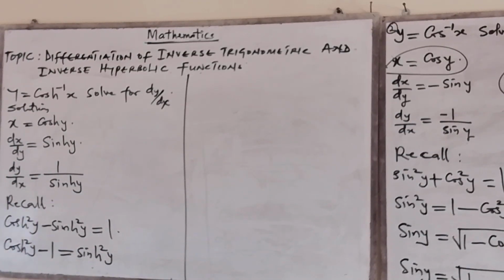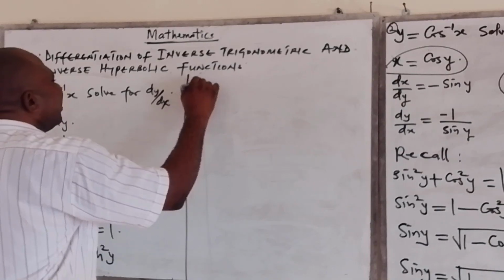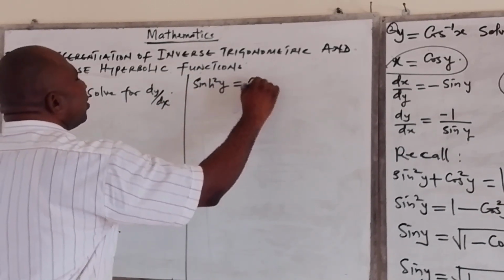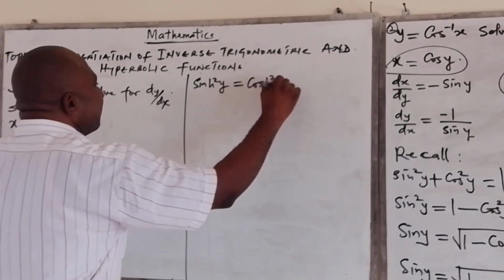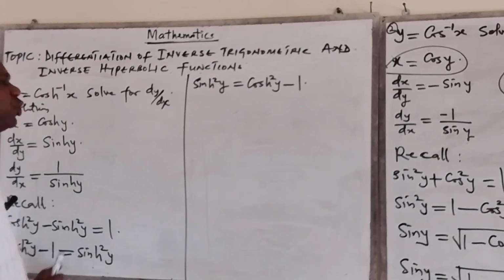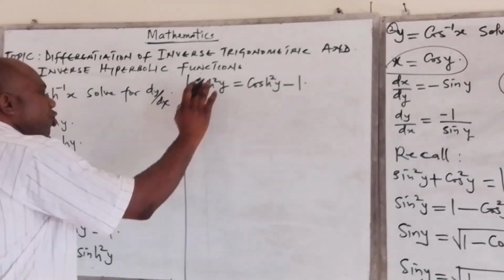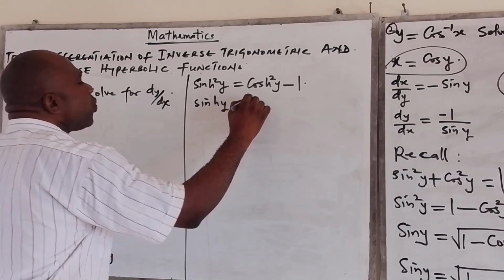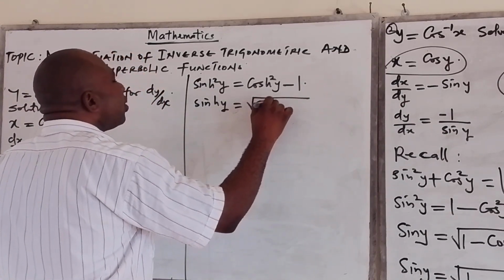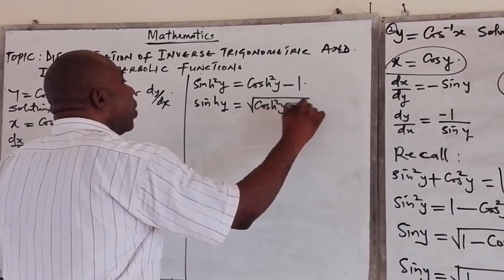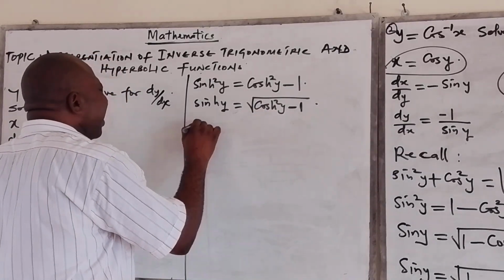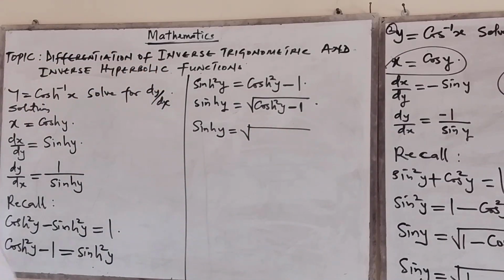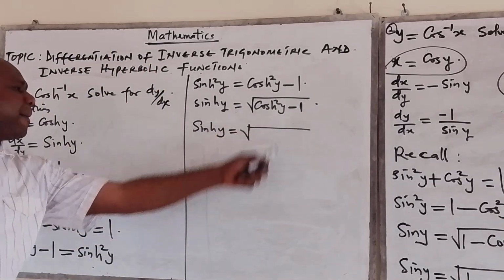So to get the value of sine hy, removing the square, sine hy will be equal to the square root of cos h squared y minus 1.